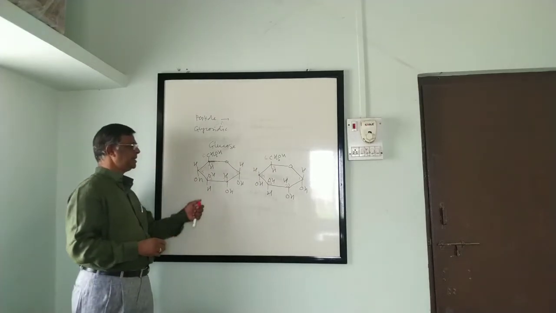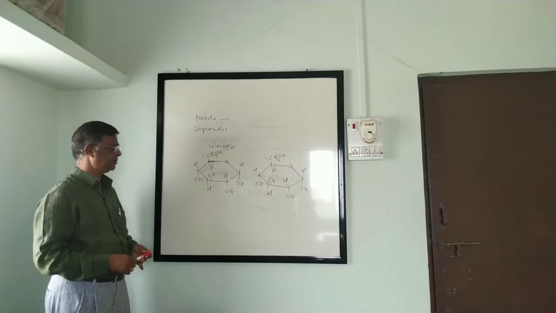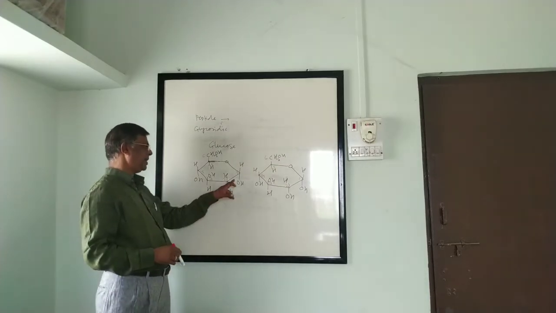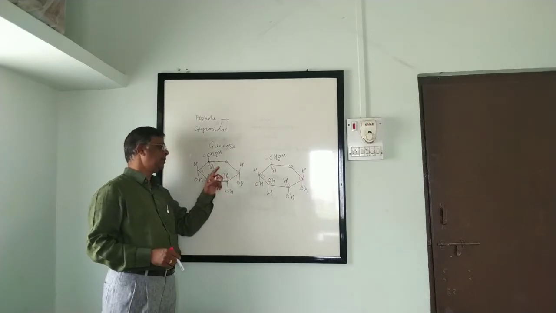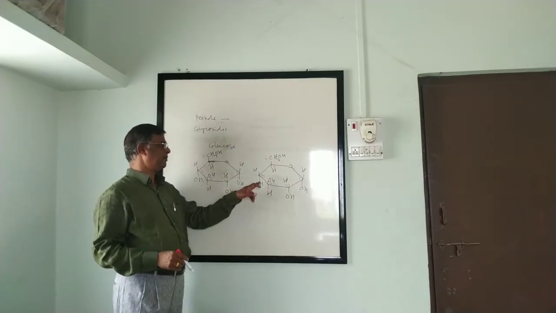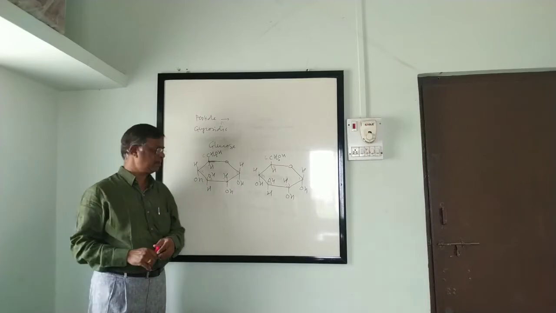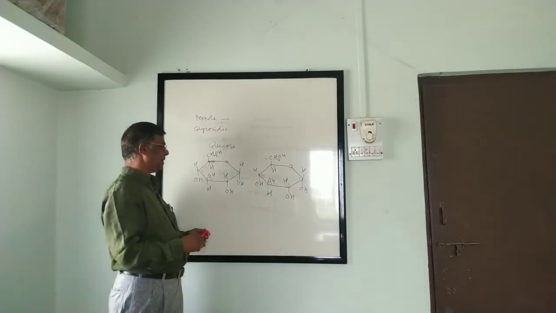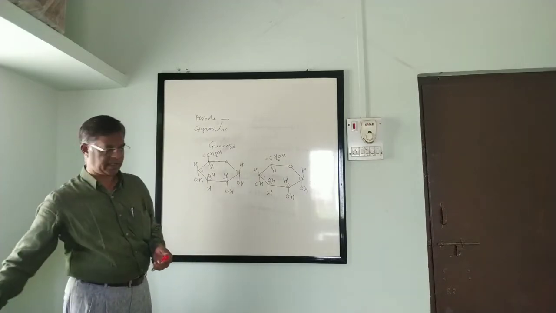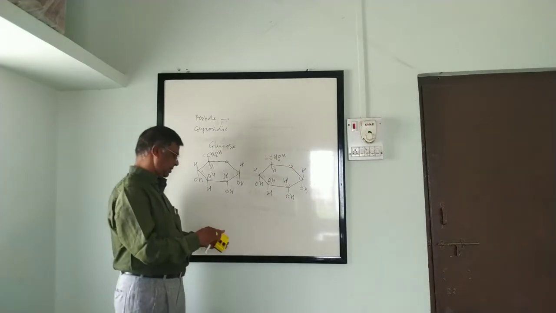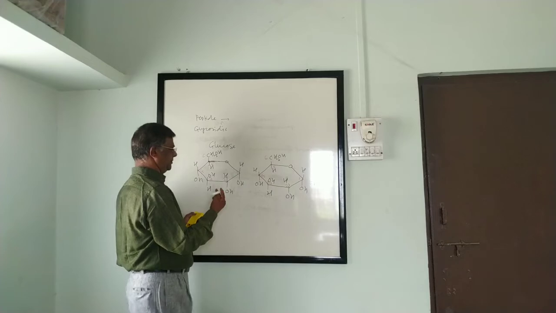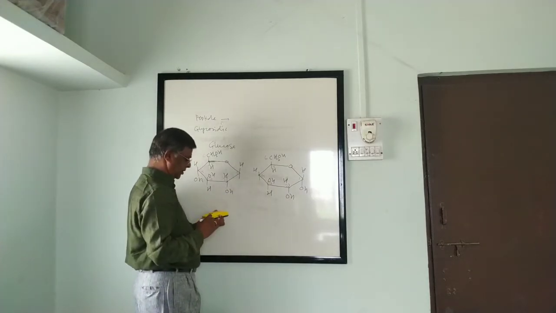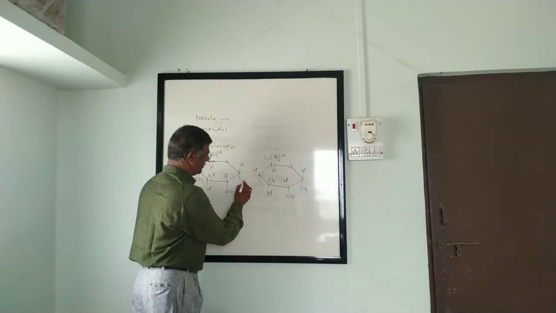So when these glucose molecules unite to each other, a linkage forms between carbon number 1 of one glucose molecule and carbon number 4 of another glucose molecule. And when this linkage takes place, there is always a release of one water molecule each time.